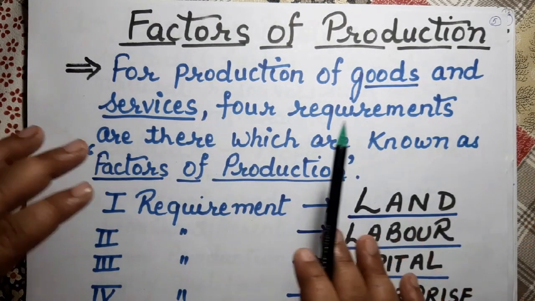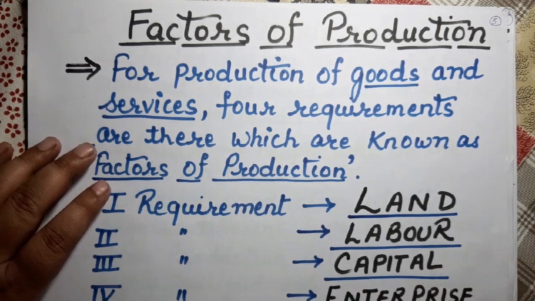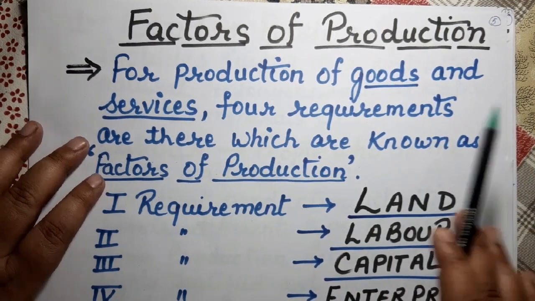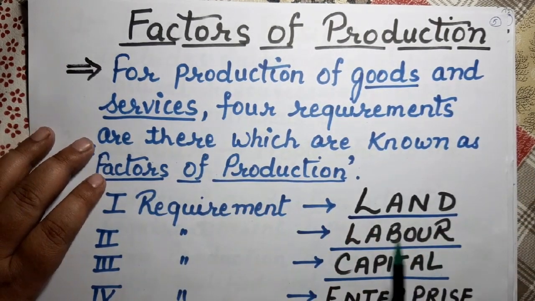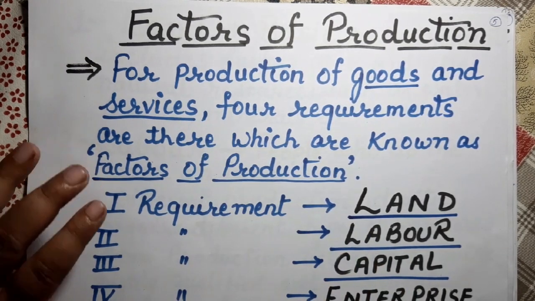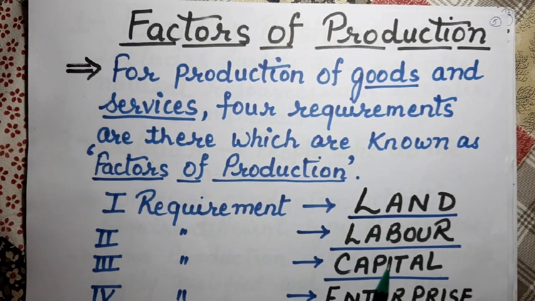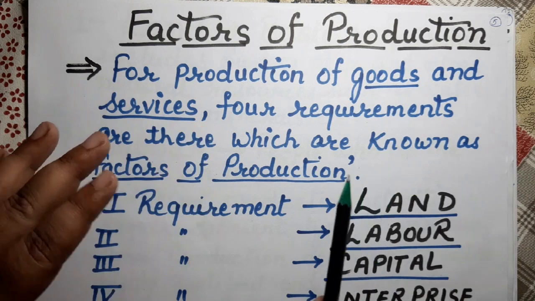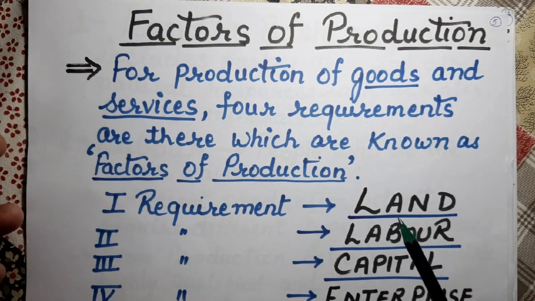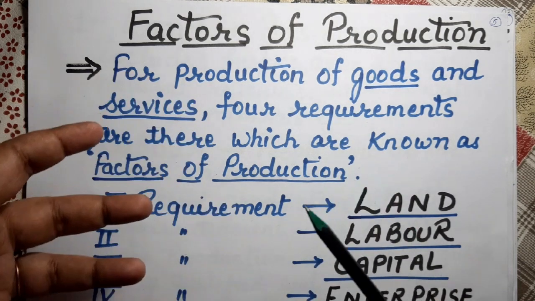Now, after the description of the village Palampur, we are going to study the factors of production. In this chapter, through this village, you will study how the factors of production work.